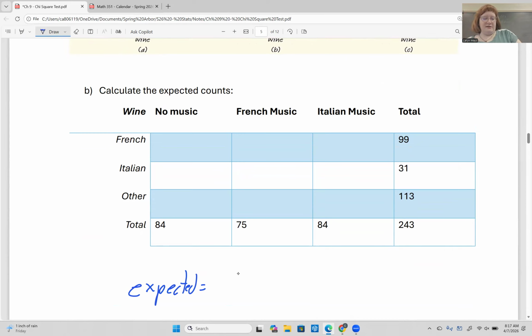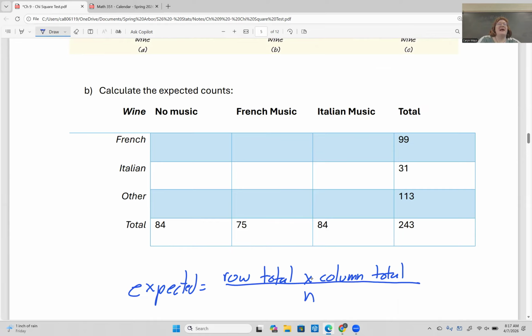How do we find expected counts? Row total times column total over n. In this case, first of all, what is n? N is going to be the same for everything.